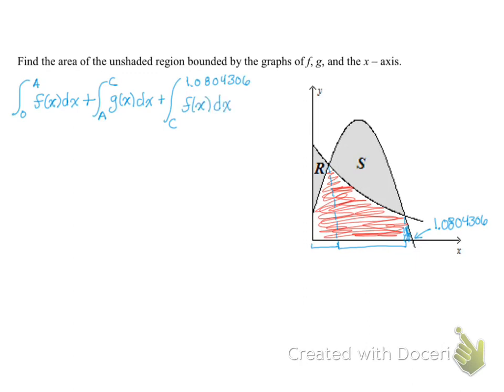Now if you're really good on your calculator, you can get an exact answer without having to round at all. If you're curious about what that looks like, you can ask me in class, but you end up getting 0.486. And that is your answer for the area that is bounded by F, G, and the x-axis.